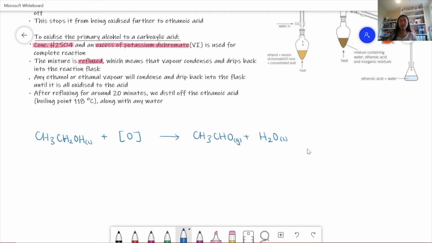And then to oxidize the ethanol into ethanoic acid, you'd have the ethanol, again a liquid, but this time you'd have 2 times this square bracket with the O, because we're using double as much of the oxidizing agent, and this will form our ethanoic acid.